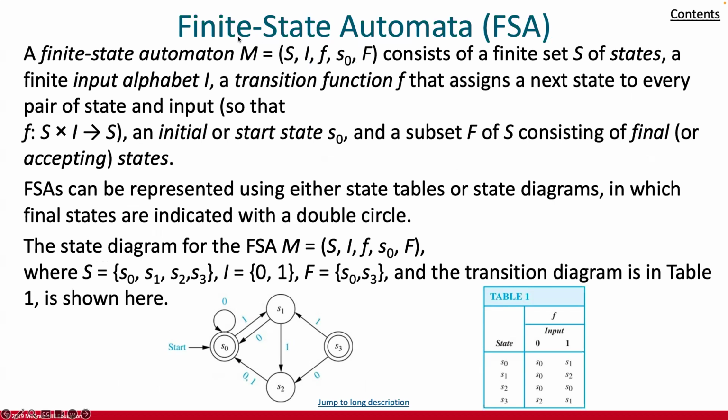We can have a finite state automaton. It consists of a finite set of states S, a finite input alphabet I, a transition function f that assigns a next state to every pair of states and inputs, an initial or start state s0, and a subset F of S consisting of final or accepting states.